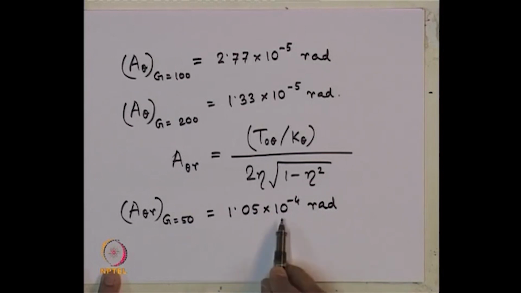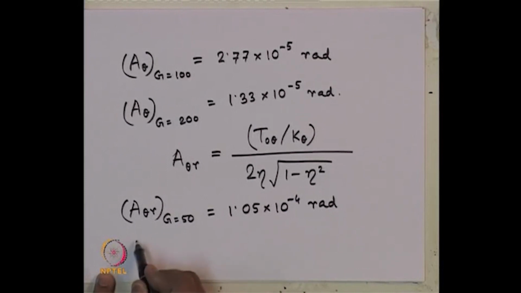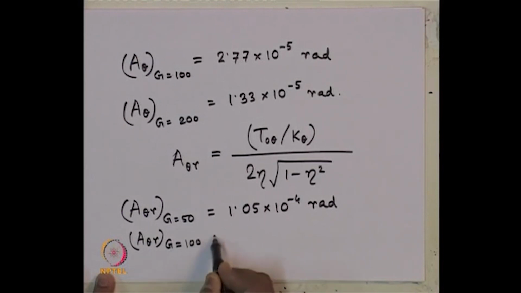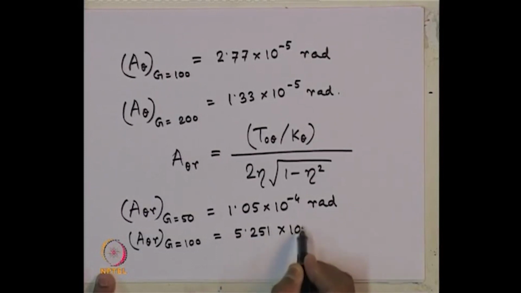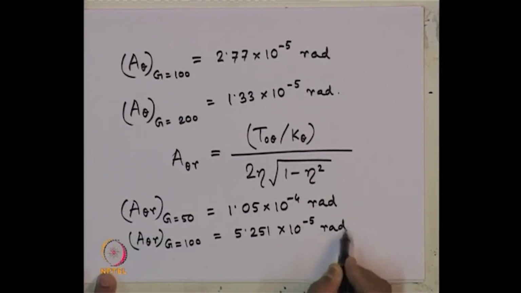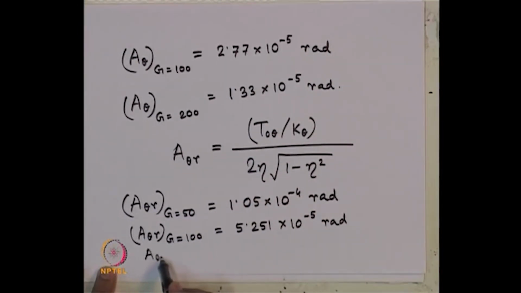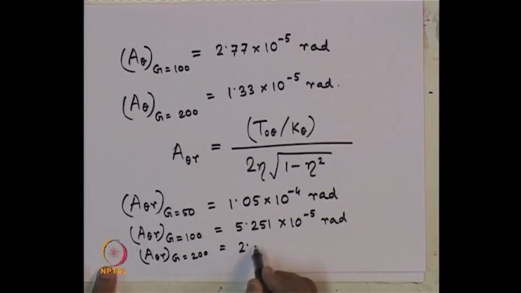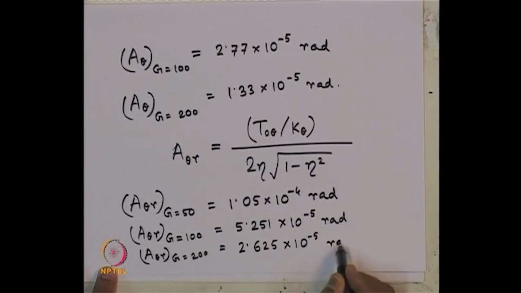If you check this value, this has to be more than whatever A theta we are getting at operating frequency. A theta r at G equals 100 is coming 5.251 into 10 to the power minus 5 radian. Look, this is more than this value, and A theta r for G equals 200 is coming as 2.625 into 10 to the power minus 5 radian.